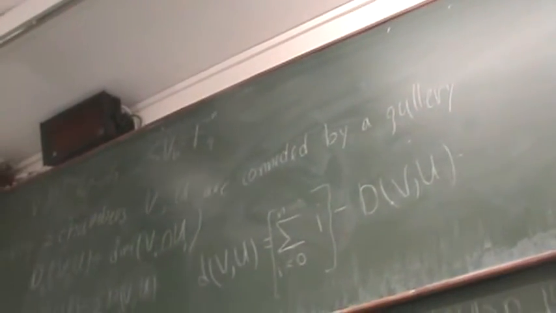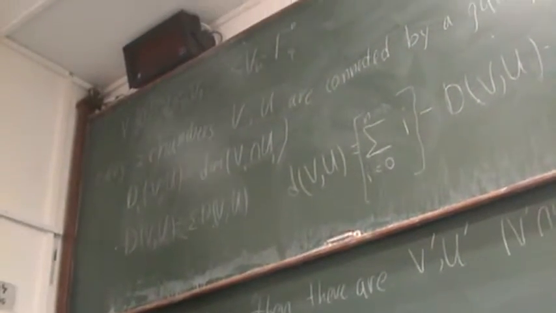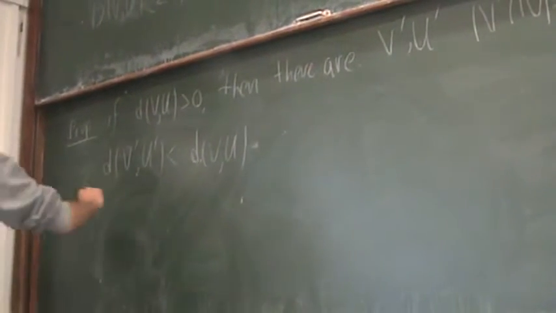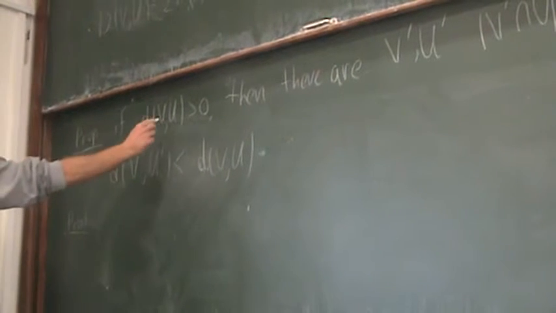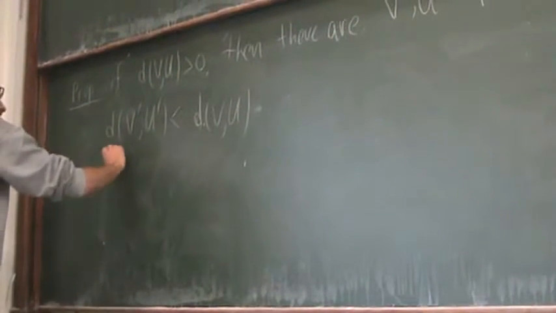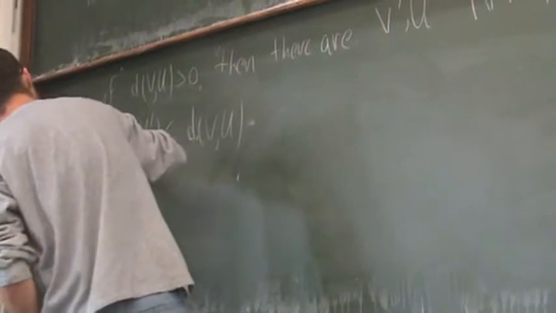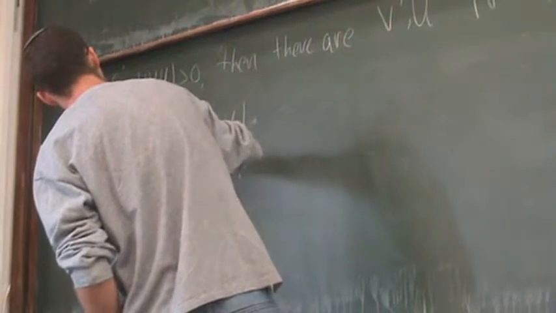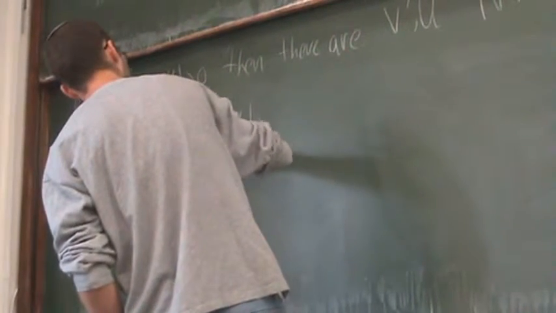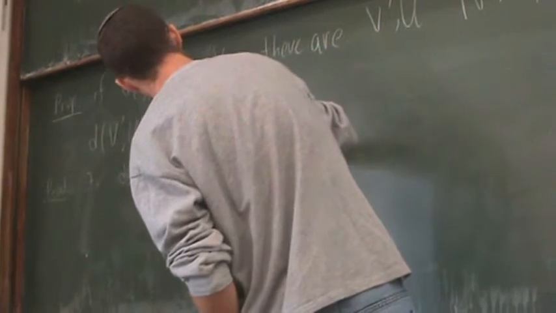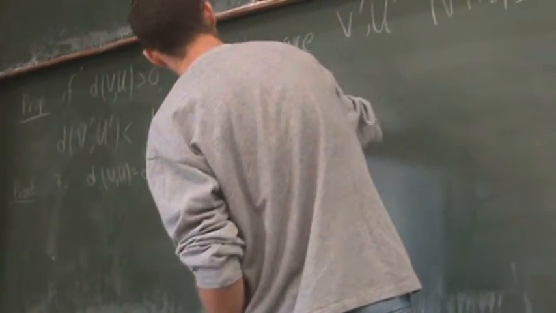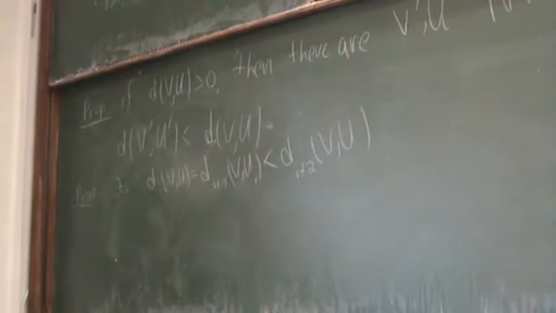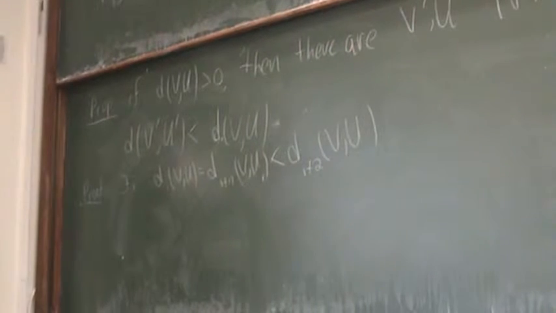So to prove this, an easy observation is that if the distance is larger than zero, then there is an i such that the sequence has to be constant for a while, and then it has to increase.